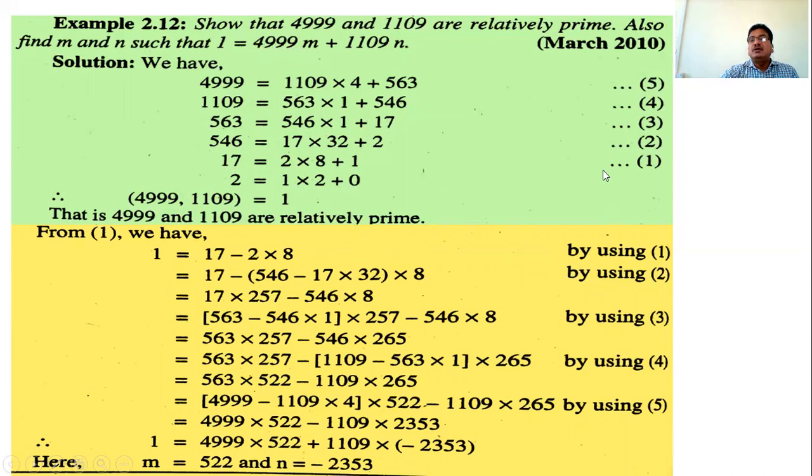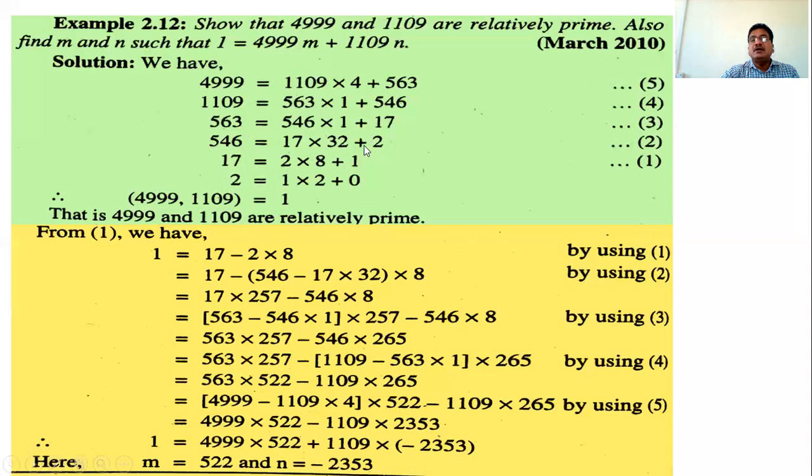Then denote by numbering these equations in reverse order 1, 2, 3, 4, 5. Then from equation 1, the second last equation, we have 1 is equal to 17 minus 2 into 8.